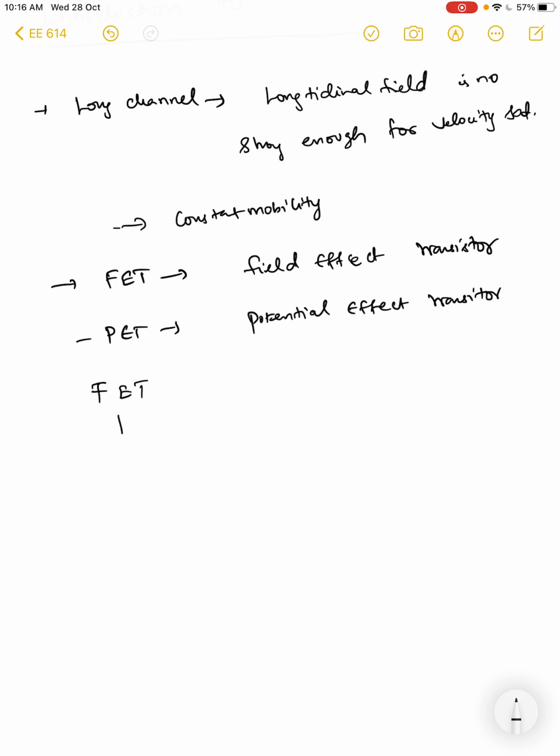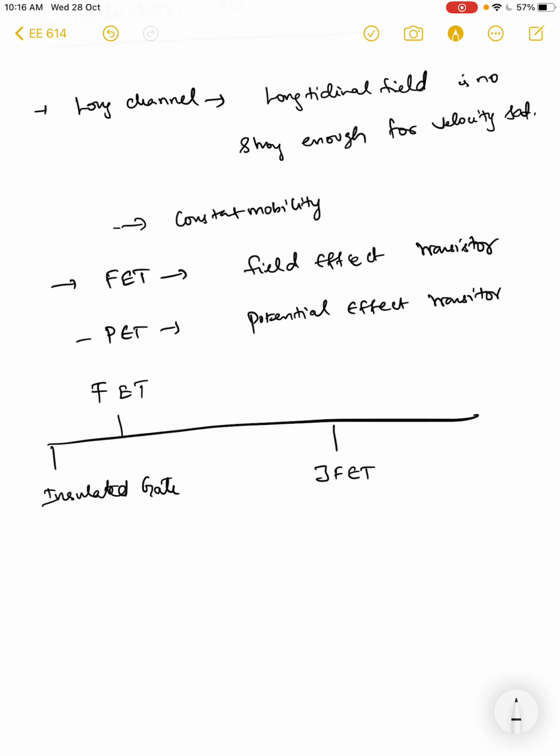They are typically in three different versions. One is called an insulated gate field effect transistor, then you have a junction field effect transistor, then you have a metal semiconductor field effect transistor.